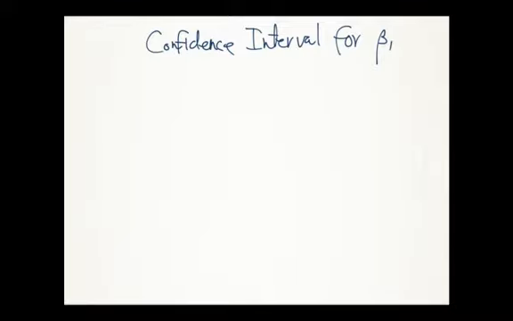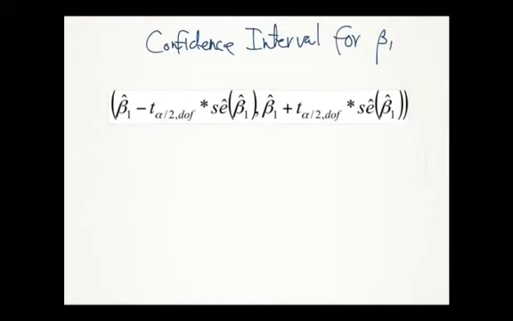Well, it's going to take that familiar form we're always interested in: the estimate minus the critical value times the standard error, comma, the estimate plus the critical value times the standard error.